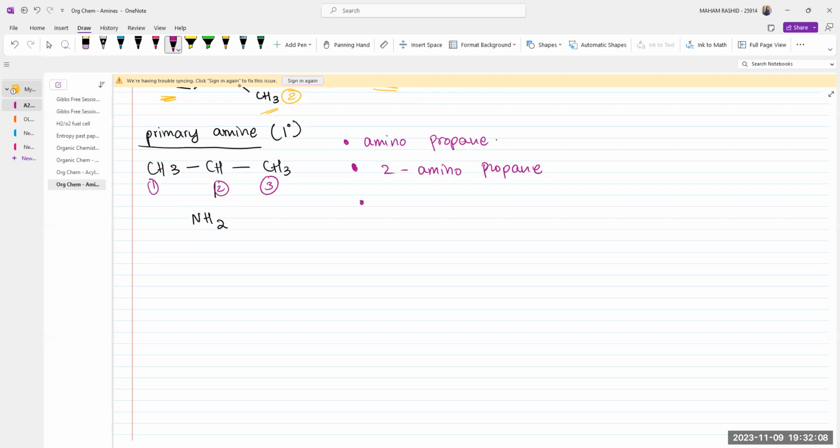ठीक है? Now the third name could be 2-methylethylamine. How can we name it this way? This I don't know. Okay, look.